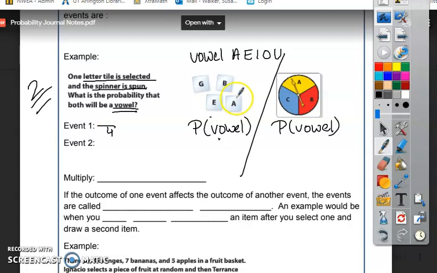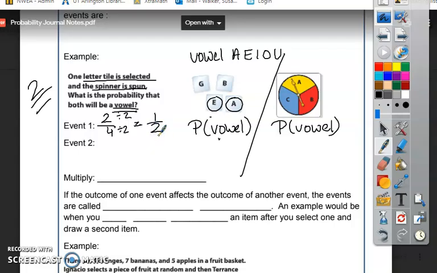How many are vowels? A, E, nope, those are both consonants. So I have 2 vowels out of 4, okay? Now, I want to go on and simplify this. I can do this at a different time, but I want to do it now. I can tell this will simplify because these are both even, so 1/2, okay?